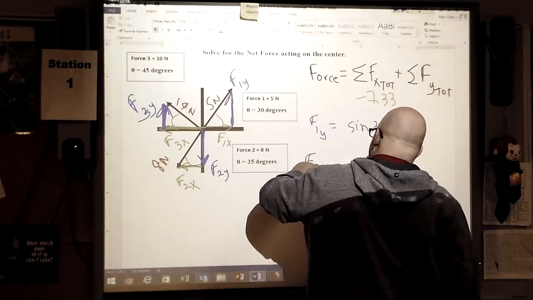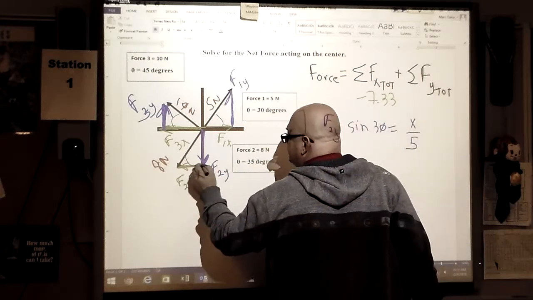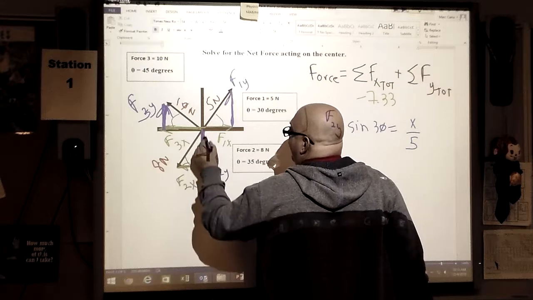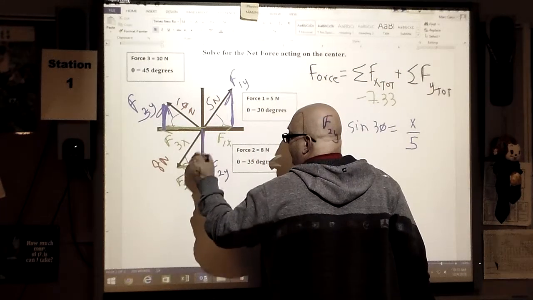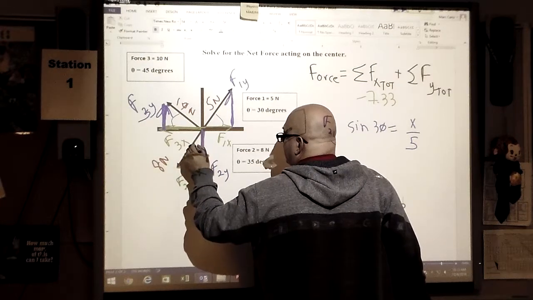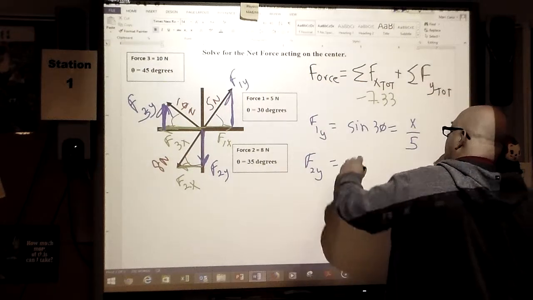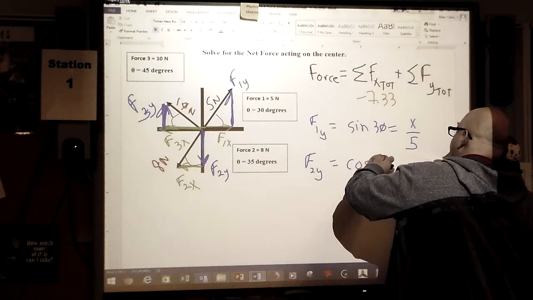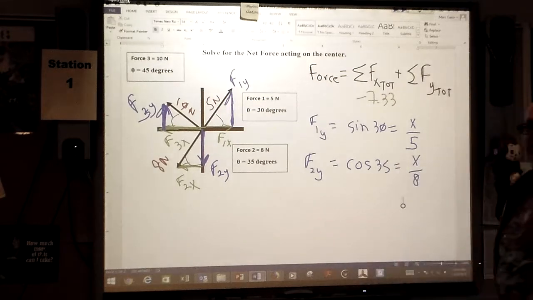So if we look at f2 in the y, again, if you see here, it is adjacent to our angle because our angle's here, right? I know the line is down here. It's kind of hard to do those lines, but the angle is here, and that's adjacent. So guess what? That's going to be the cosine of 35 degrees is equal to x over 8.